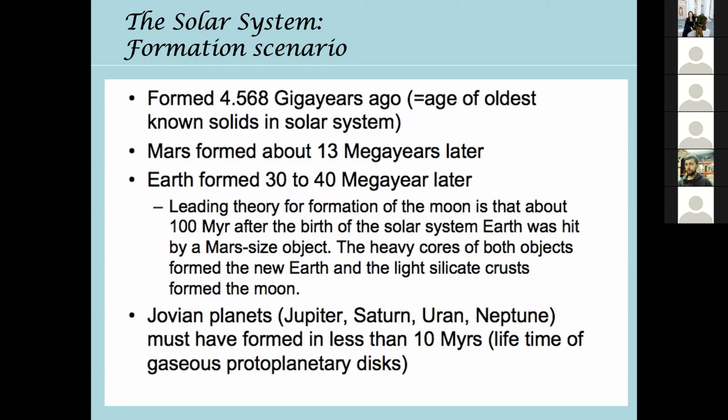Anyway, for the Jovian planets, Jupiter, Saturn, Uranus, and Neptune, they must have formed very fast. This is because you need the gas, and the gas is evaporated away after, say, 10 to 20 million years, from what we know from observation. So they must have formed within these 10 million years.